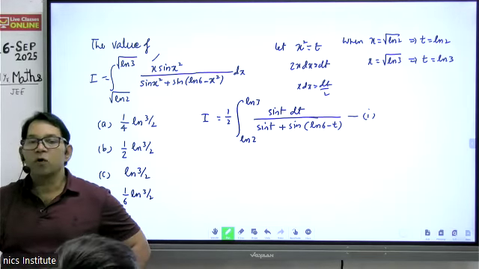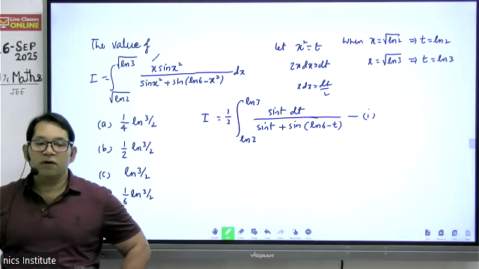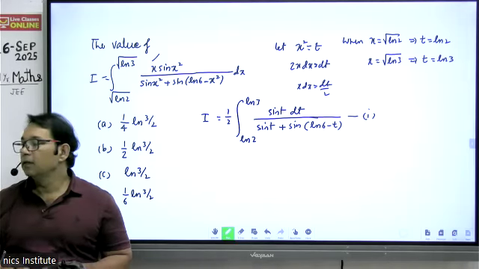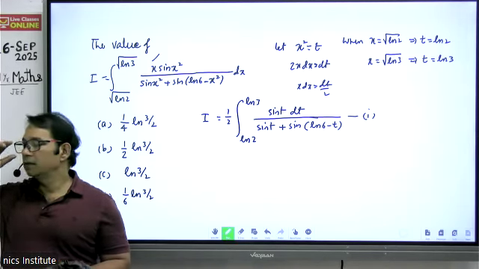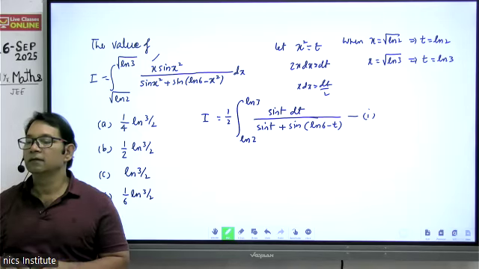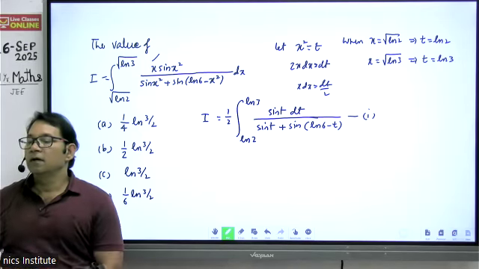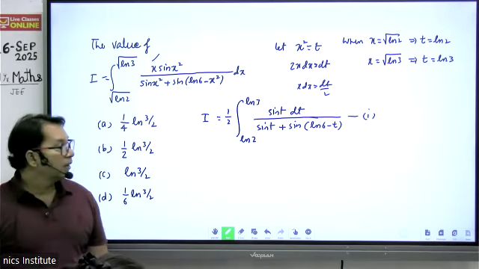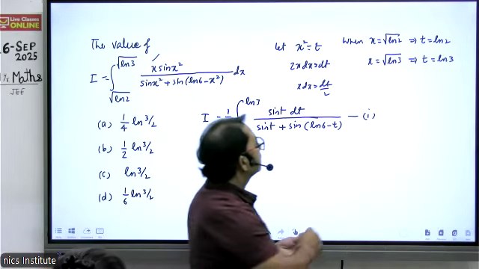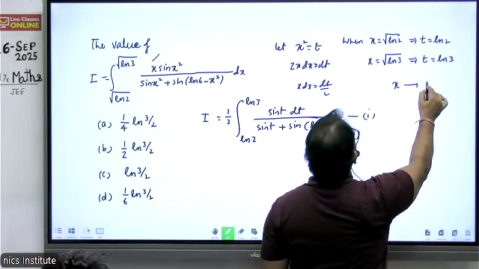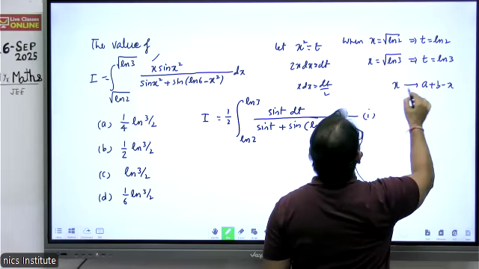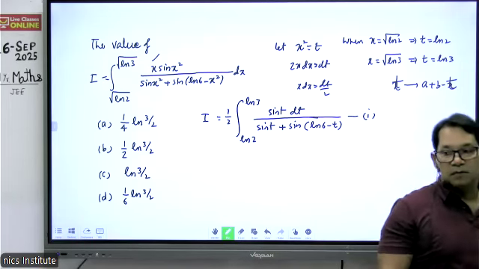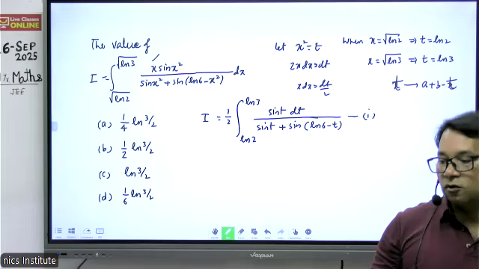Now you can apply the a to b property: wherever you have x, replace it by a plus b minus x. In fact, we have t over here, so replace t by a plus b minus t. a is ln2, b is ln3.